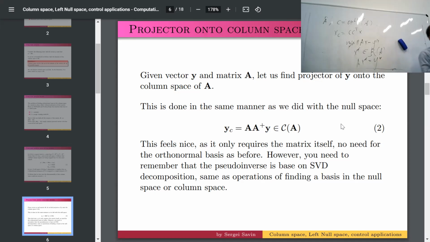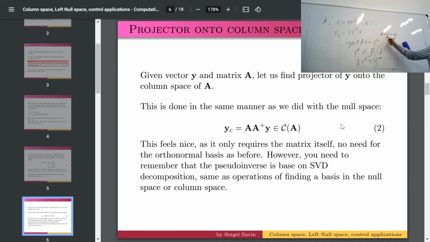Y star will be as close to y as is physically possible, because this x star was the smallest residual solution here. So the residual is exactly what we will acquire here. Residual, let me write it as Ax minus y.